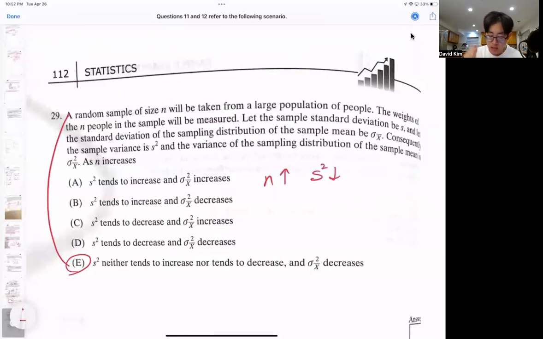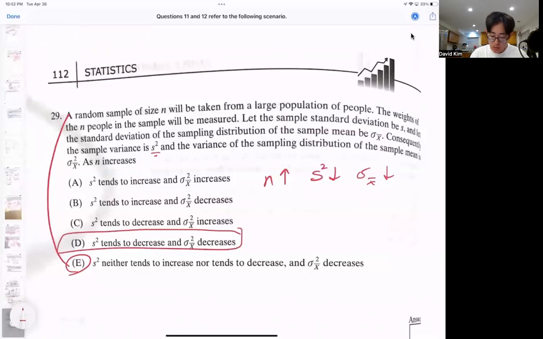And when the sample variances decrease, consequently the standard deviation of the sampling distribution of the sample mean should also decrease because it's getting narrower and your standard deviation should always be getting smaller there. So I said that it was D.